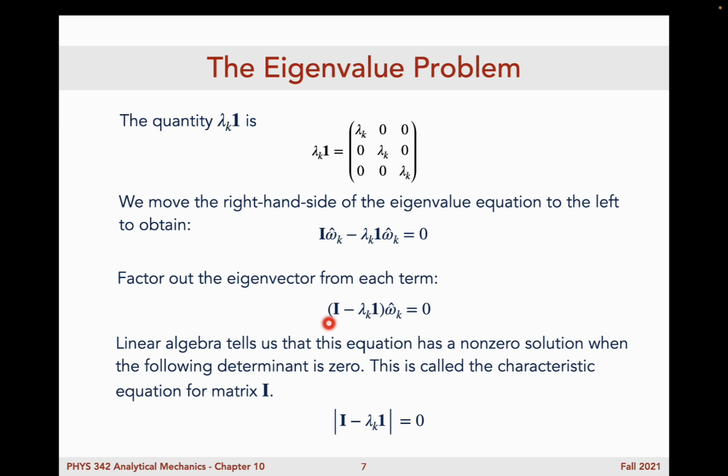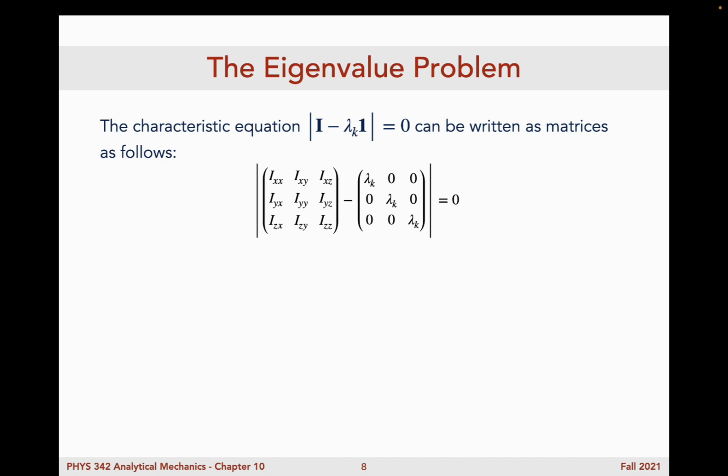So we're looking for solutions to this equation. Our math friends tell us that it has non-zero solutions if and only if the determinant of this thing right here is equal to 0. So if you take the determinant of this thing and set it equal to 0, that's a condition that there will be non-zero solutions.